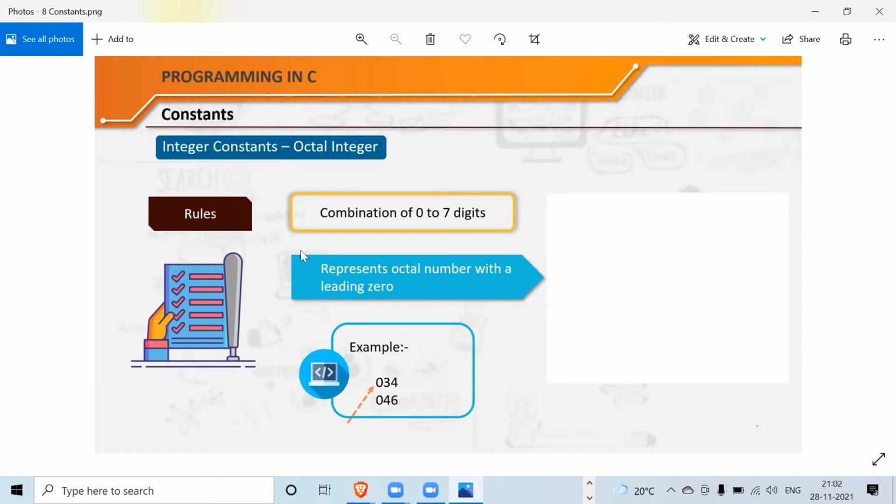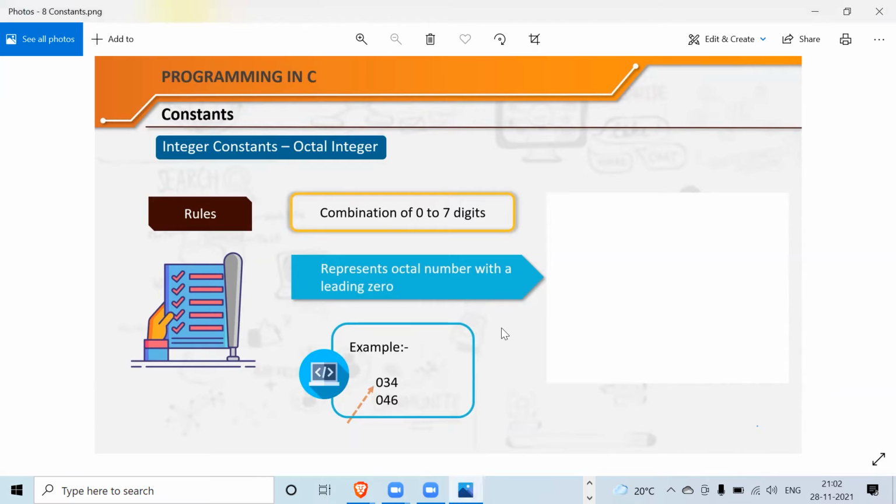So to differentiate that it is an octal system number, a 0 is used before writing the number. This 0 represents that this is not a decimal system number, it's an octal system number. And we know that because we use a 0 before we write the number. I think it's clear.